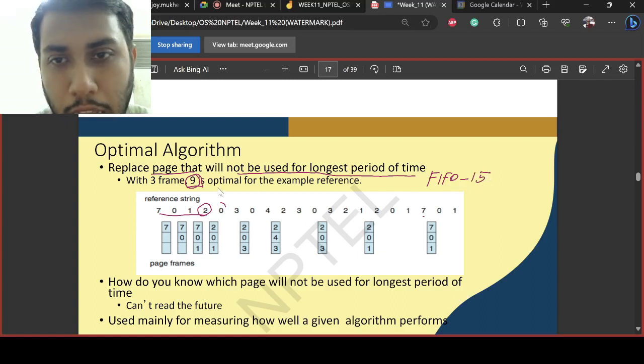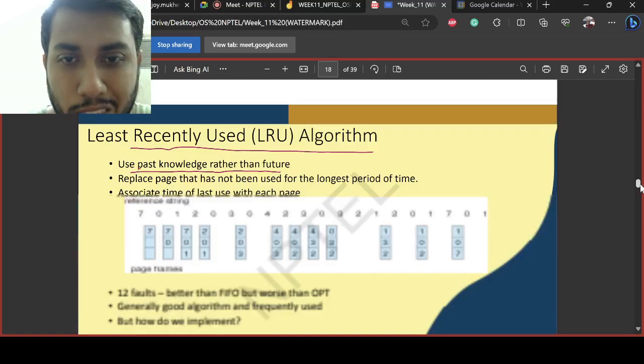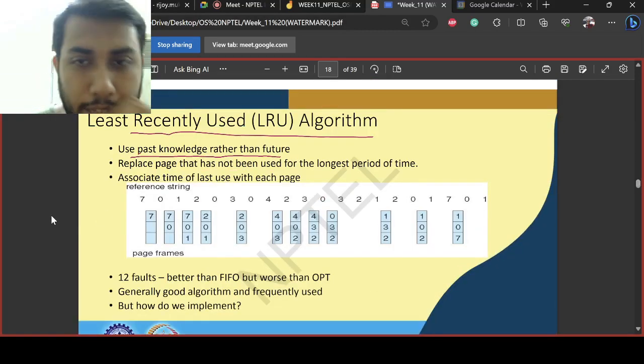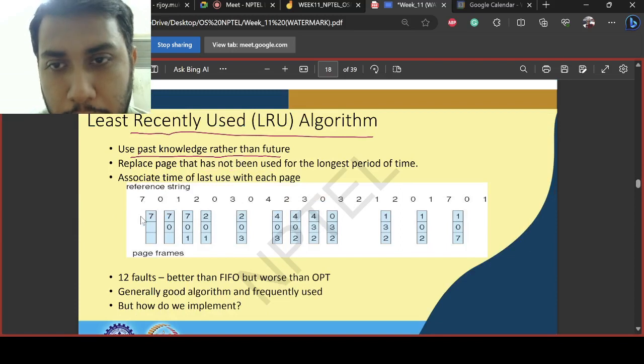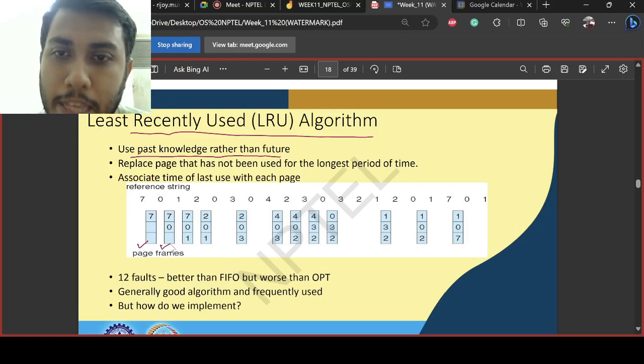FIFO 15 and optimal is 9. So in least recently used, we will do this again. So 7 is requested, a page fault, correct. Then 0 is requested, a page fault, correct. 1 is requested, page fault, correct.